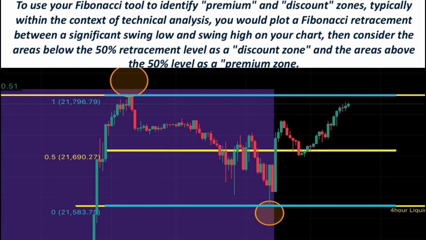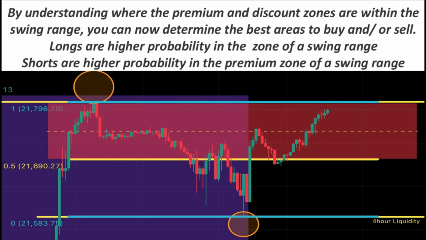Then consider areas below the 50% retracement level as a discount zone and areas above the 50% retracement level as the premium zone. By understanding where the premium and discount zones are within the swing range, you can now determine the best areas to buy or to sell. Longs are high probability in a discount zone, and shorts are higher probability in a premium zone.